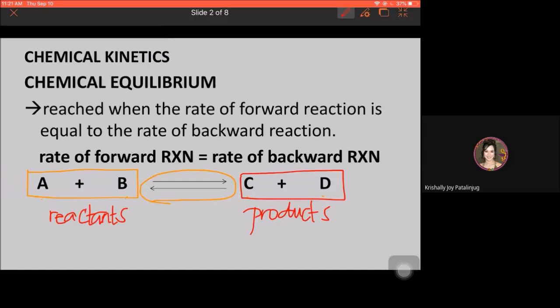But although a system is at equilibrium, it can still be probably disturbed. So, pwede pa rin siyang ma-disturb. Pwedeng ma-stress yung state ng chemical reaction at equilibrium.